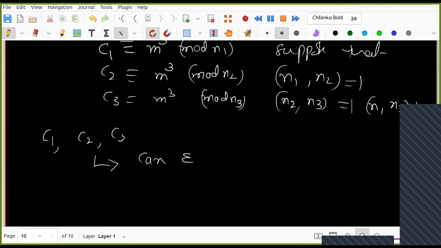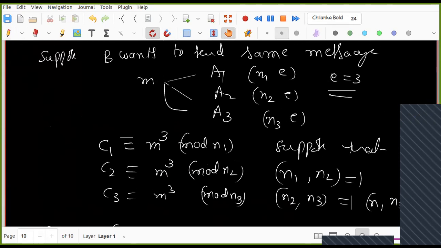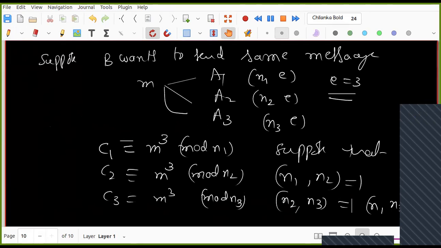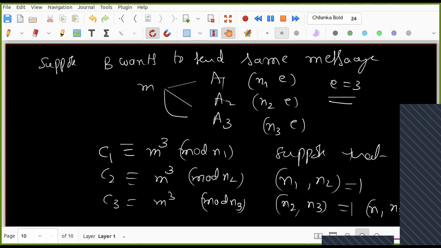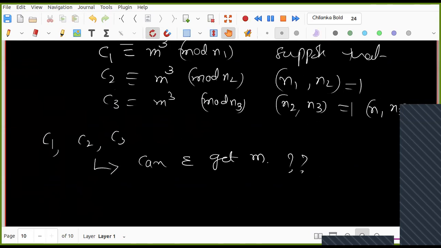B is sending the message to A1, A2, A3, but it is the same message, that is the thing I want to say, and also the exponent is equal to 3. So the ciphertexts are C1 equal to M cube mod N1, C2 equal to M cube mod N2, and C3 equal to M cube mod N3. Now can I get M?